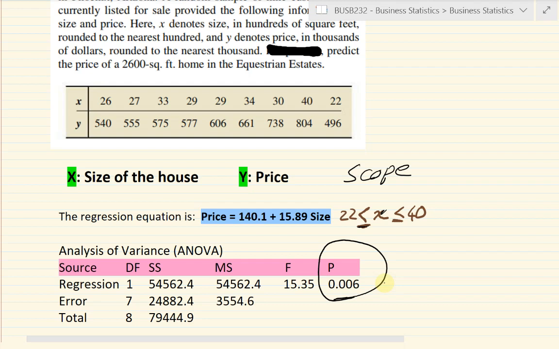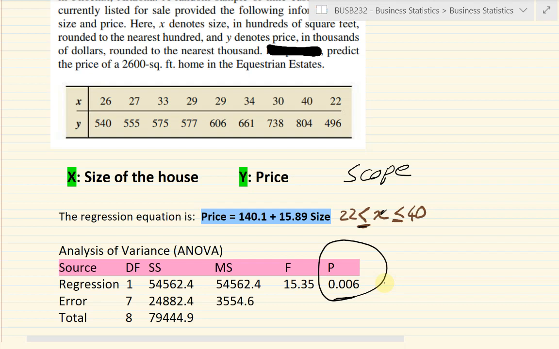Well, the ANOVA in regression is testing the null hypothesis that you have the right model. In this case, you have the correct regression model, and more specifically, the correct linear regression model.